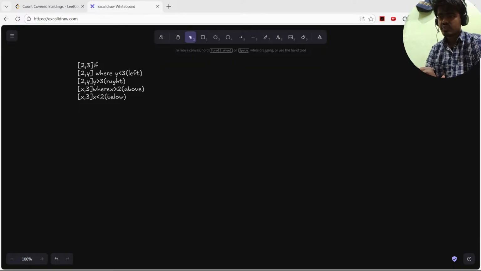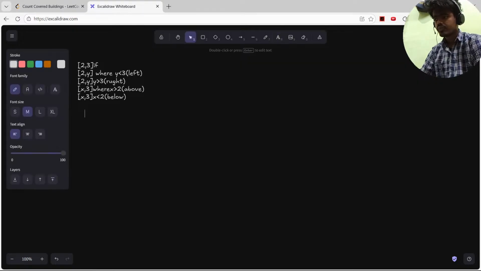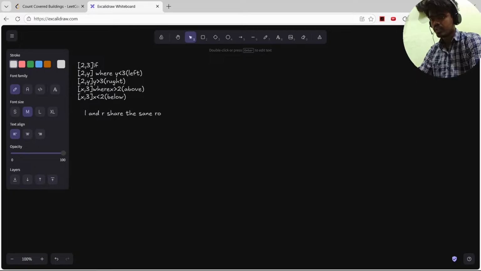So let's think about what it means for a building at x and y to have neighbors in all four directions. Buildings to the left and right share the same row x but have different y values.